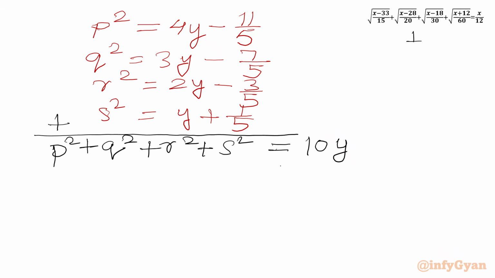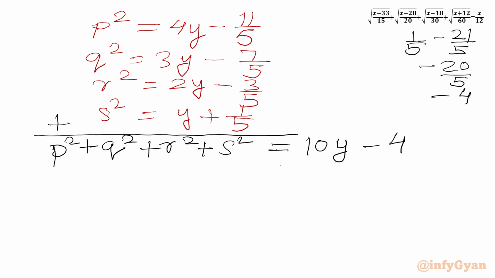Then we have 1 over 5. So 1 over 5 minus 21 over 5, we'll get minus 20 over 5, which is equal to minus 4.